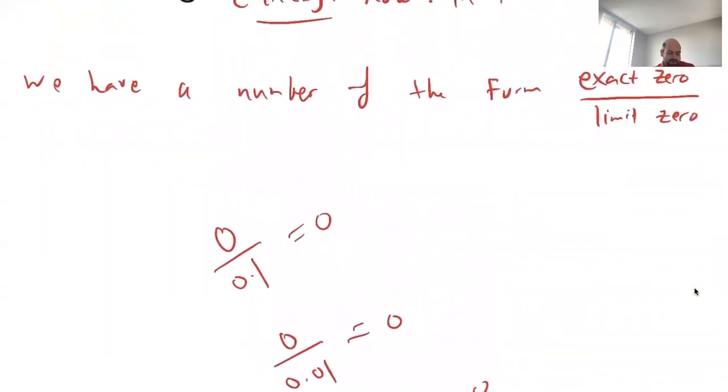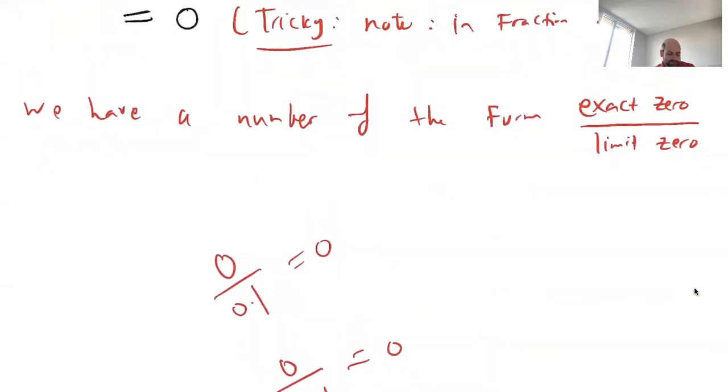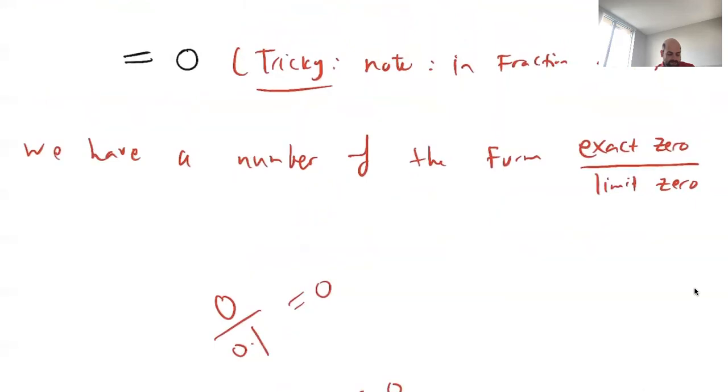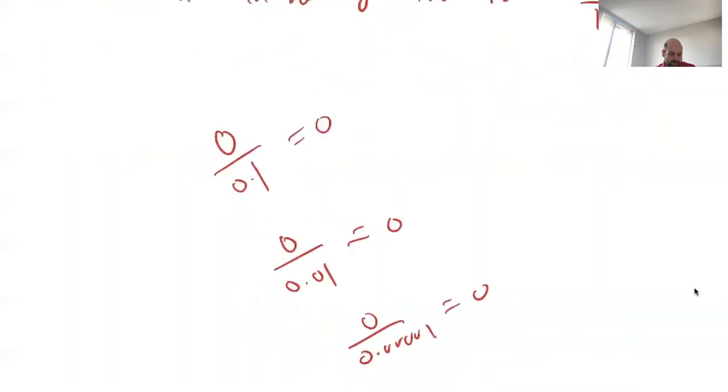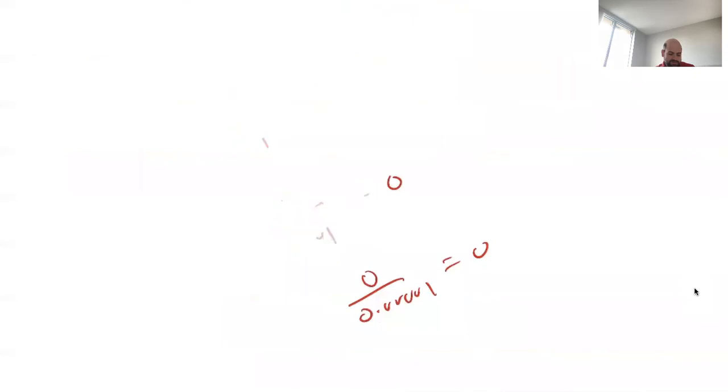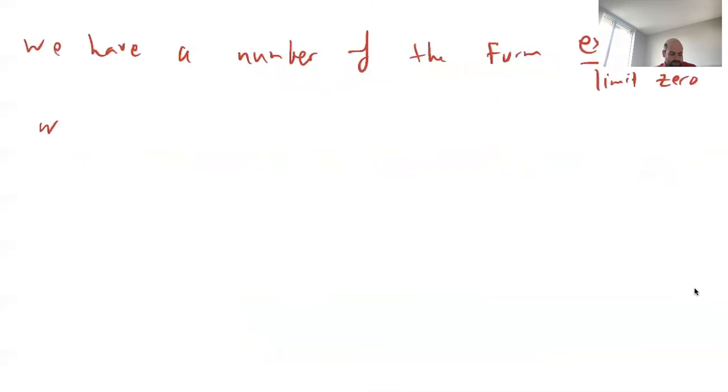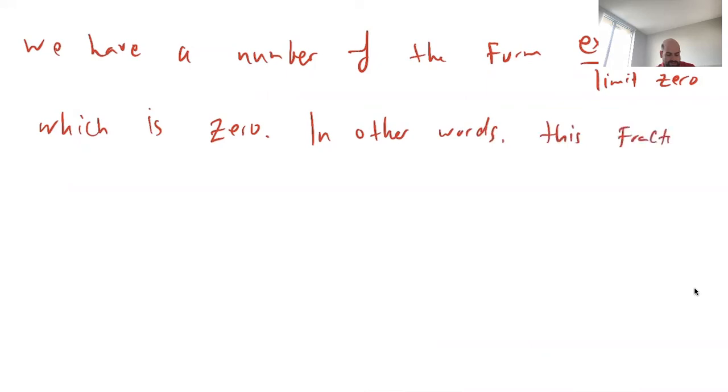Right? So in the fraction above, we have a number of this form, which is equal to 0. In other words, this fraction is not indeterminate.